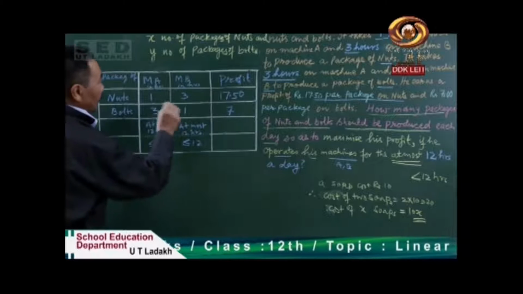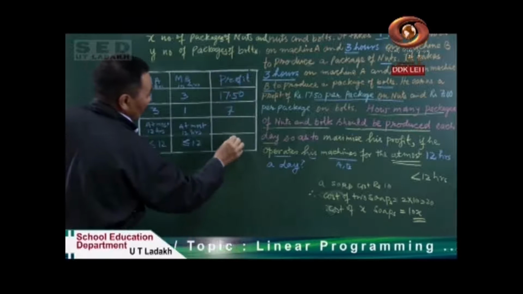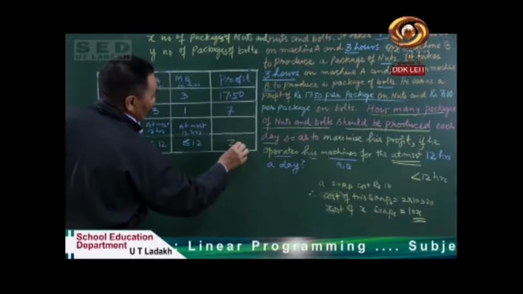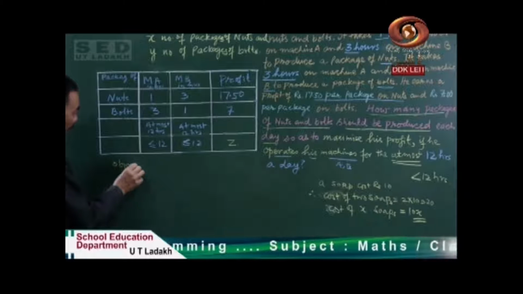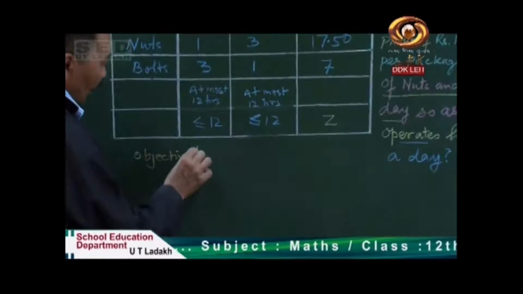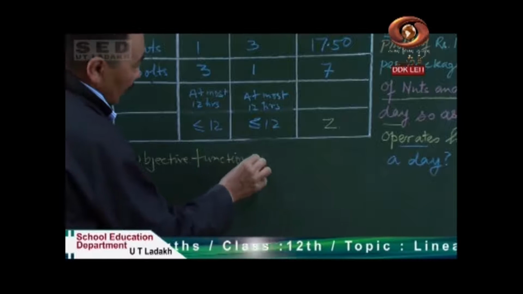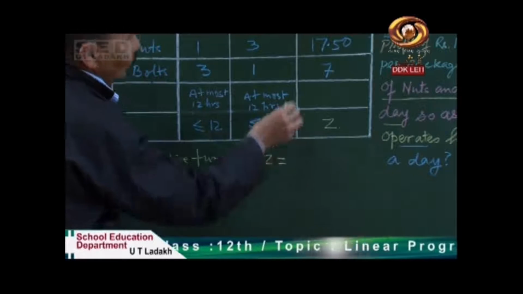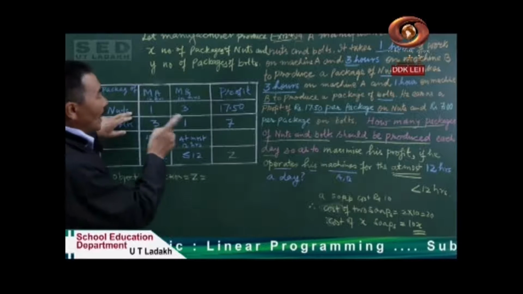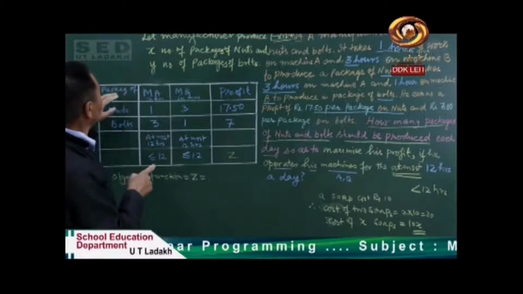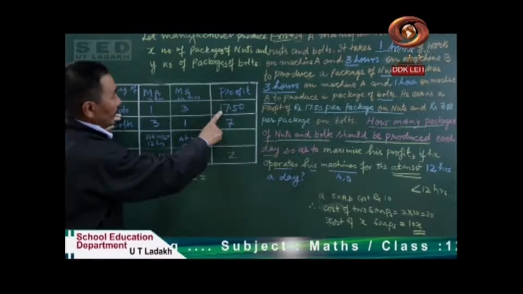So what will be our objective function? This will be our Z. Objective function: Z equals, on one package of nuts he earns 17.50.